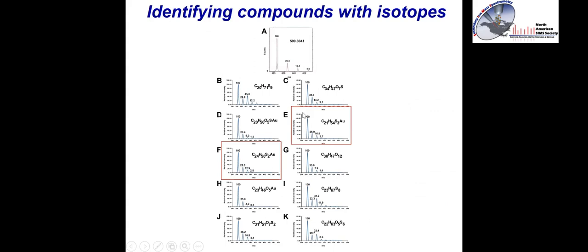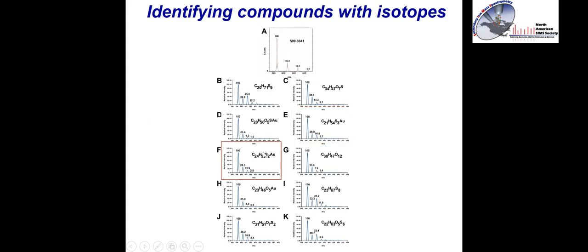If we look at the actual isotopic patterns plotted out and compare it to our original molecule, we can see that something like what's shown in B definitely isn't the correct identity because the isotopic pattern isn't anywhere close. And then these two here that we identified from the table before have very similar patterns, very similar peak intensities.